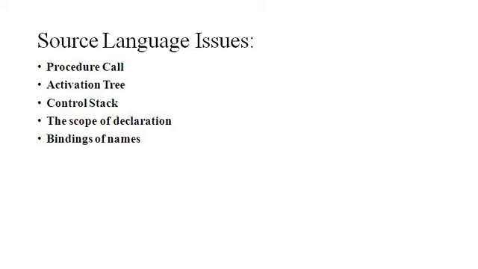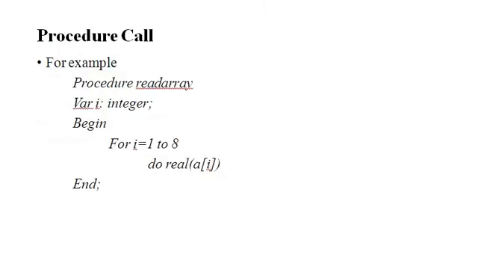A procedure definition is a declaration that associates an identifier with a statement. The identifier is the procedure name and the statement is the procedure body.